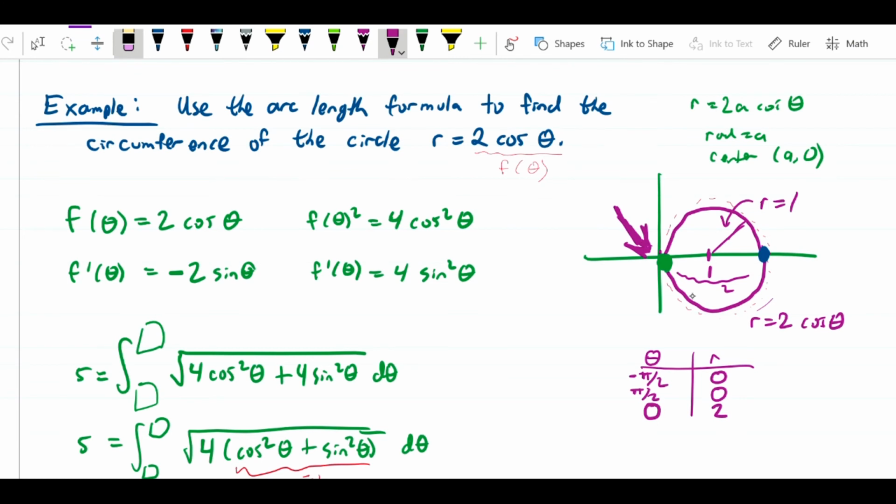What I can see is that, first of all, this shape exists only for angles that are on this side. In other words, between pi over 2 and negative pi over 2. There's nothing over in the territory here. I look to the left and I see nothing.